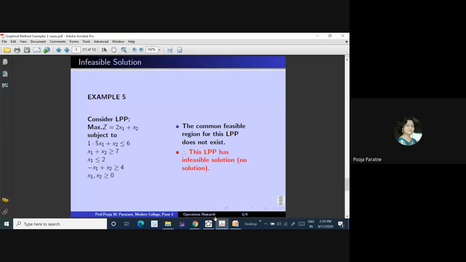So thus we have discussed all these three cases of the types of solutions of the graphical method. One is alternate solution, then unbounded solution, and third is infeasible solution, right? There is one more concept in this graphical method. I'll show the graph here.